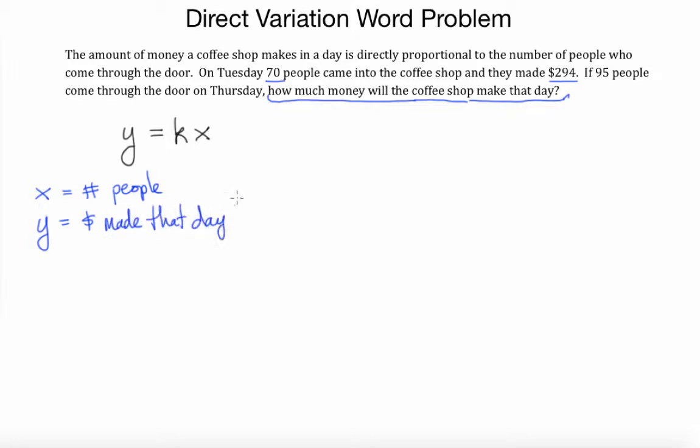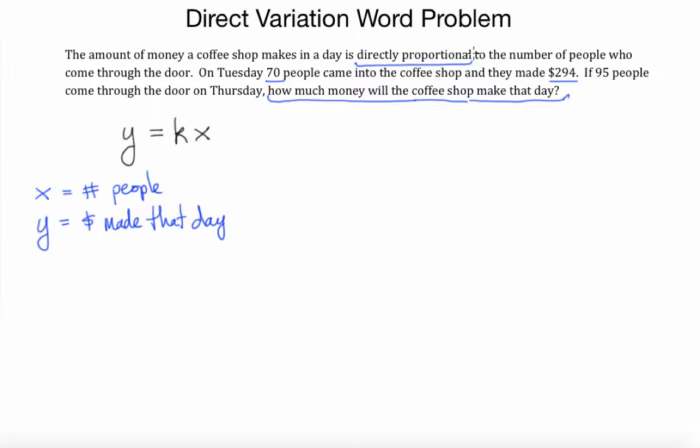So that's the relationship I'm shown. As more people come, hopefully I make more money. As less people come, I make less money. And they're telling me it's directly proportional. So we like to see those words in there because it helps identify that we have a direct proportional relationship.